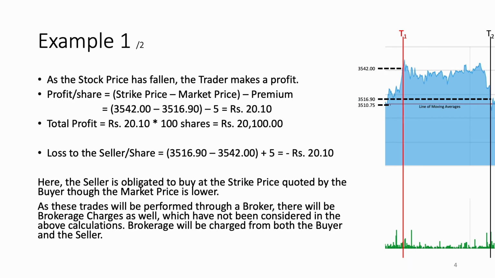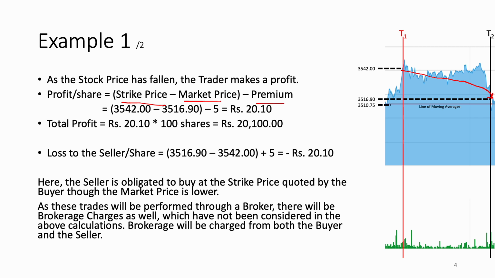Now, as we know, a put option is exercised when we expect the stock price to fall. So the stock price has fallen from here to here. So naturally, the buyer of this put option will make a profit. The profit for the buyer will be the strike price minus the market price minus the premium he has paid.